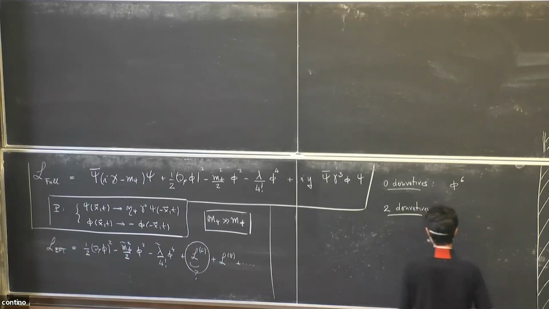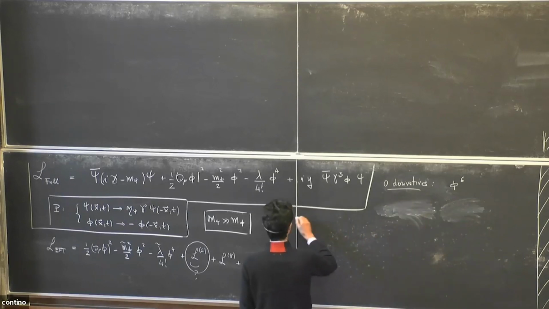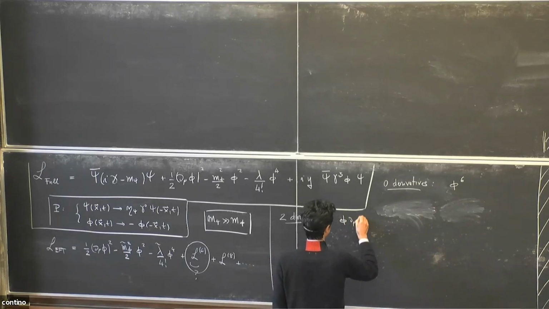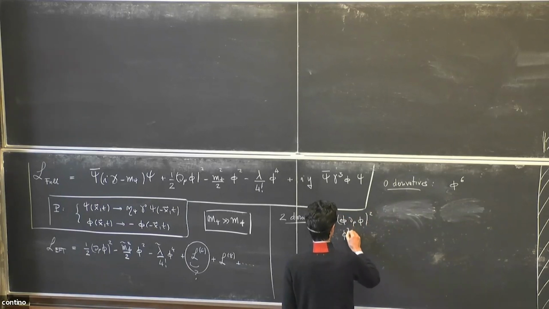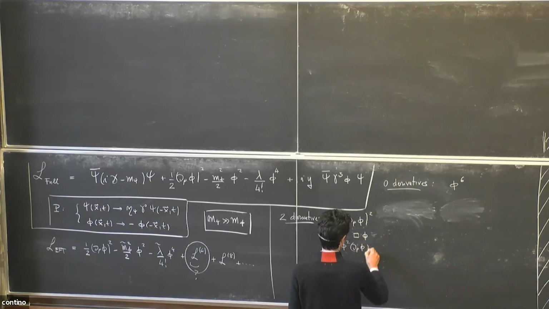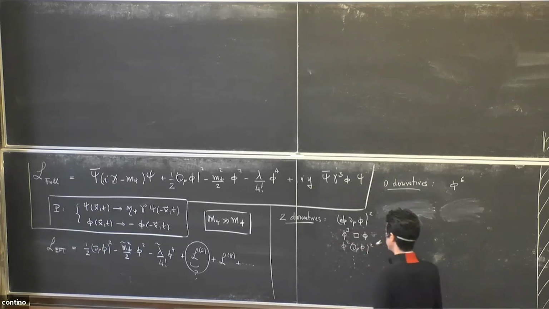At the level of 2 derivatives, you can write a bunch of operators. For example, you can write phi (d_mu phi) squared. Actually, let me write them here. 2 derivatives. Then there is, for example, phi cubed box phi. There is phi squared (d_mu phi) squared, and other possible combinations.